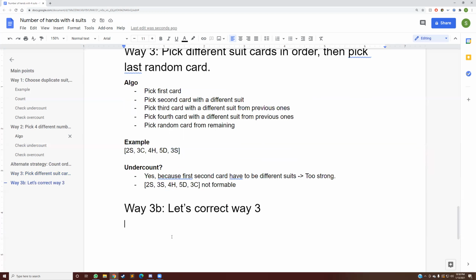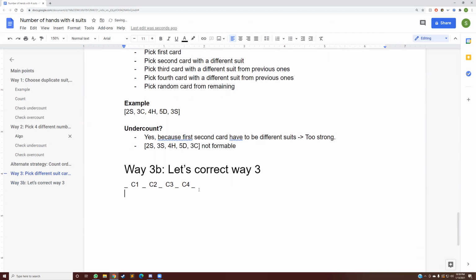Let's say we have already picked 4 cards, each of different suits. Why doesn't the algorithm decide where to put the final random card, C star, into one of these blank spots?